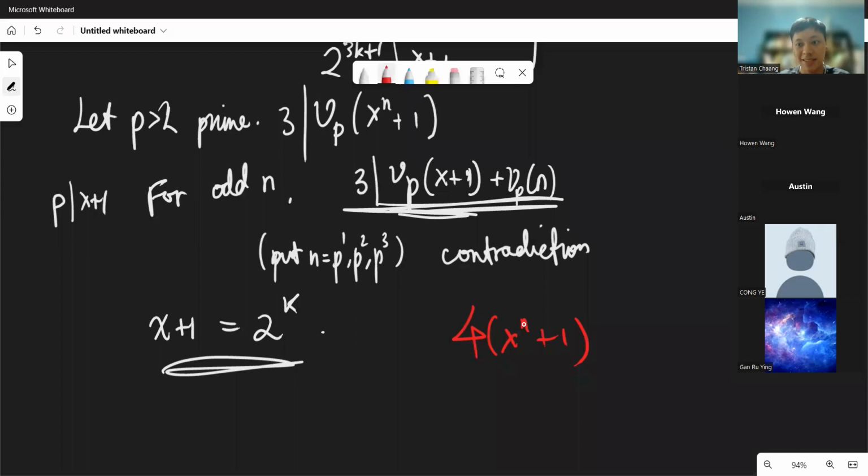X squared, x cubed, x to the 4, x to the 5, because if we just change x to some power of x, we're just looking at the same problem with a smaller set of n. But we know it's true for all n. Right? If we look at, let's say, x to the power of 4, then it's the same thing as looking at the original problem where n is a multiple of 4.